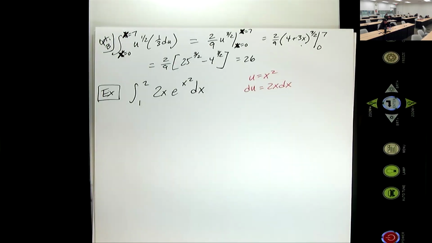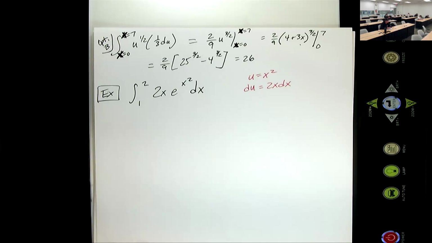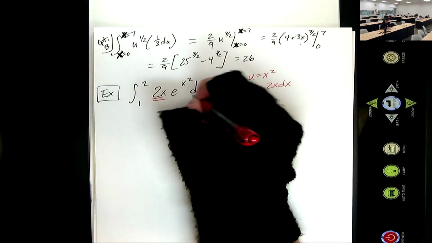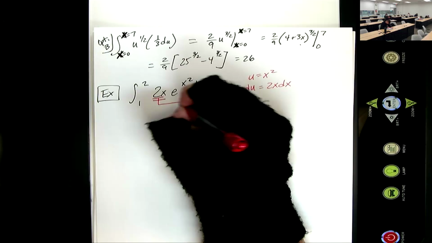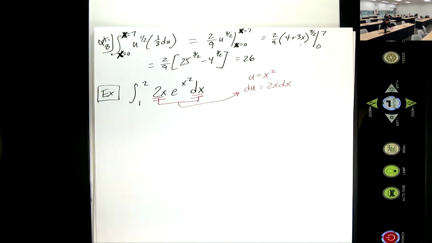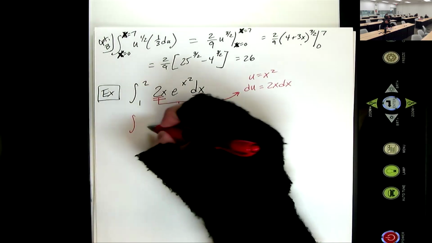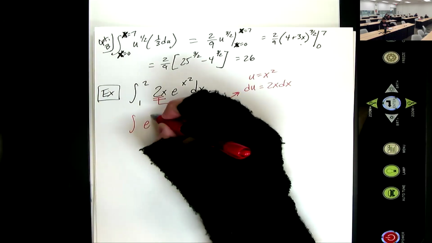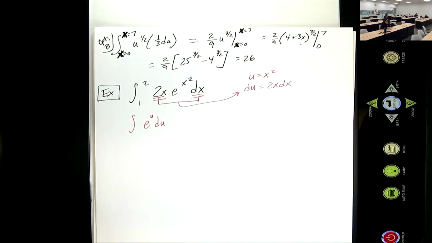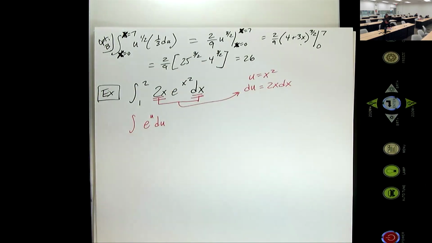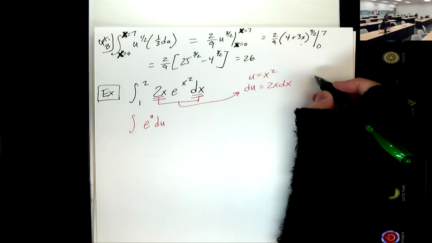Alright, go and look to see if you have those parts. I do. This is my du. So when I do my integral, I'm just going to be able to go to e to the u du. The only thing we need to do before then is change the limits of integration.